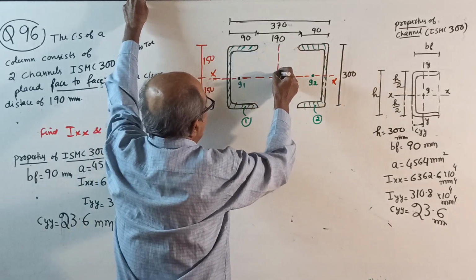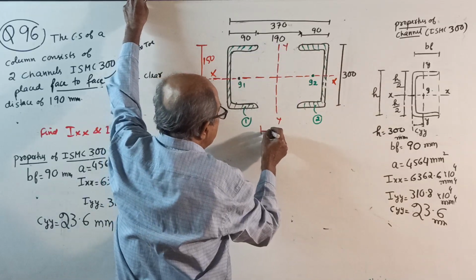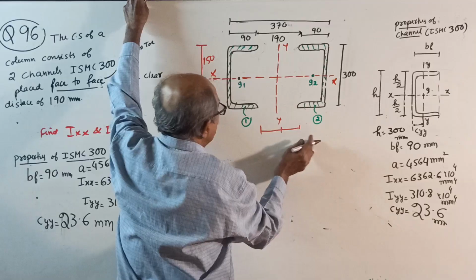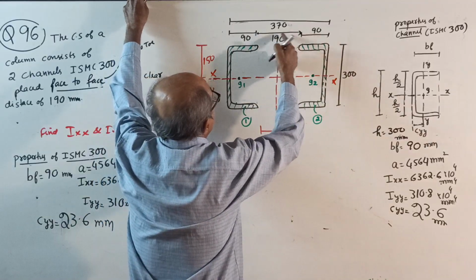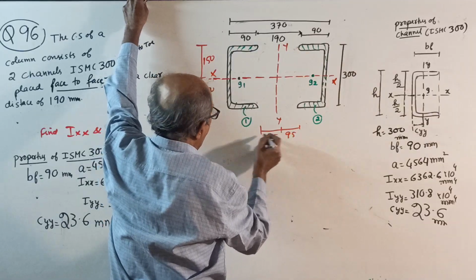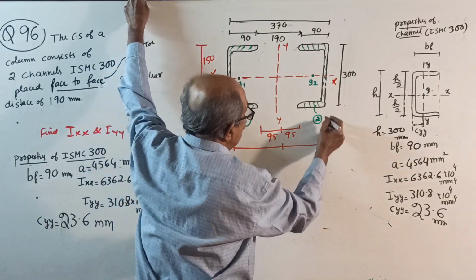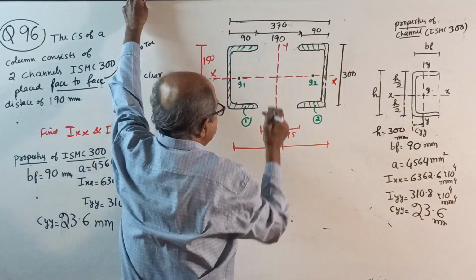Now we require this distance. You can write the full also: this is 190, 190 by 2 is 95, 95. Or you can do one thing: if you want to understand, this distance will be total 370.